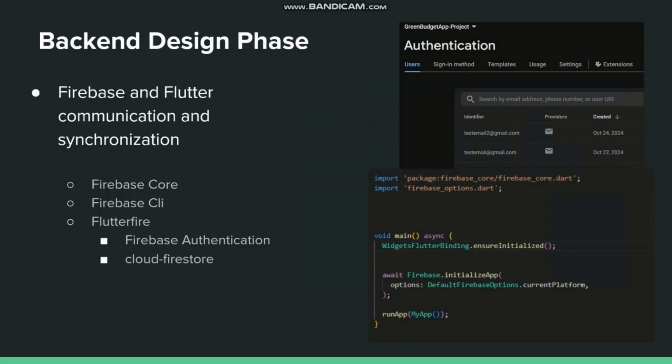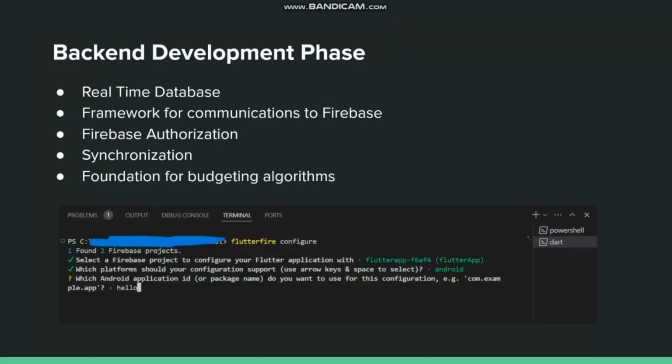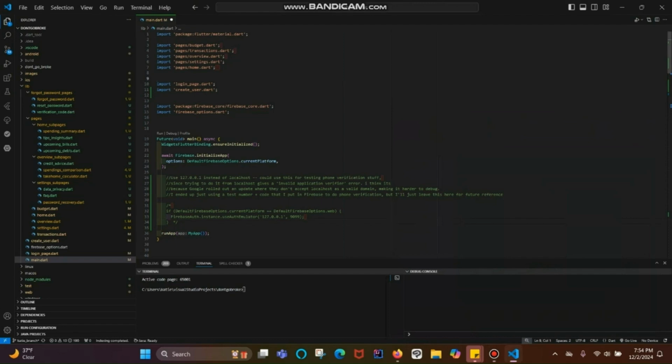So we wanted to choose a solution that would not only give us our database, but also give us a level of authentication to protect our user information. That led us to Firebase Core, Firebase Authentication, and Cloud Firestore to save our users' information. And with that, we conclude our presentation slides.